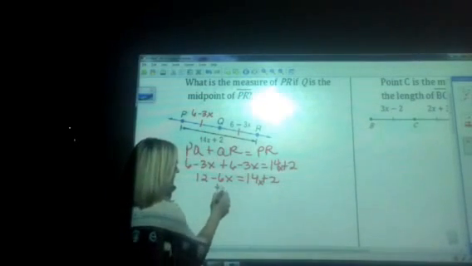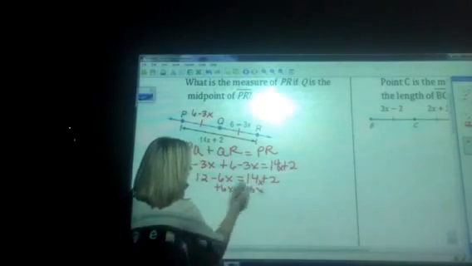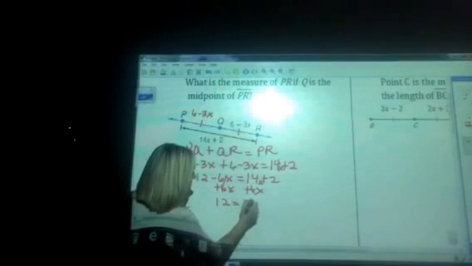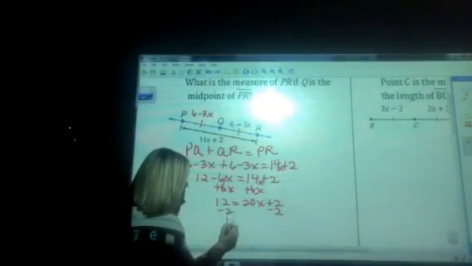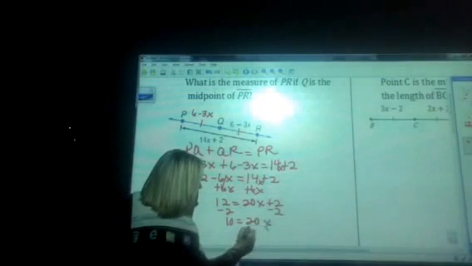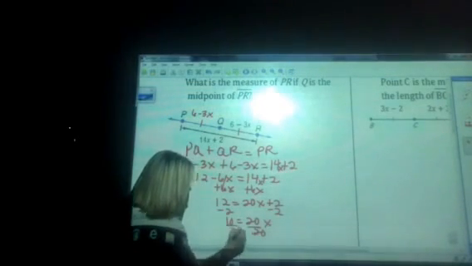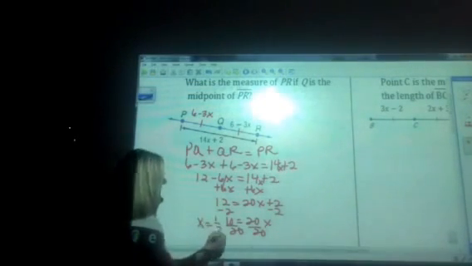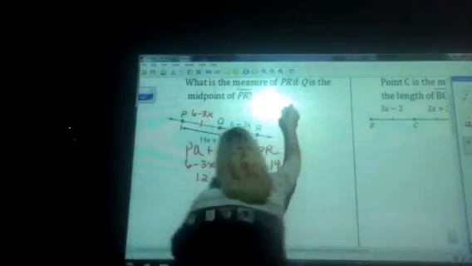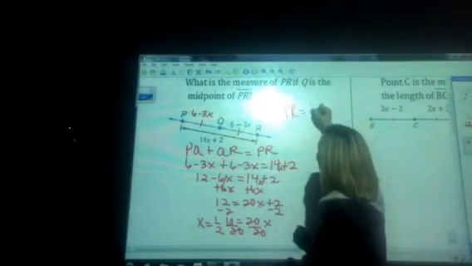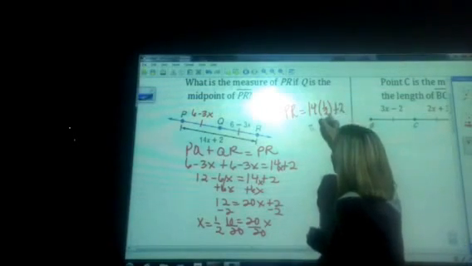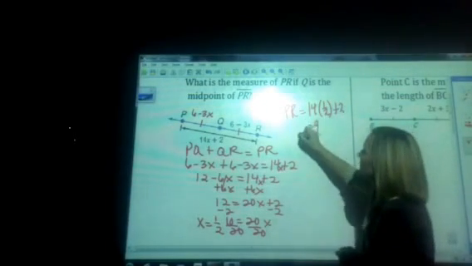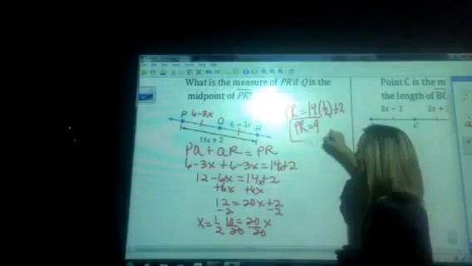All right, plus 6x, plus 6x, I get 12 is equal to 20x plus 2, minus 2, minus 2, 10 is equal to 20x, divide by 20, and x is equal to 1/2, okay? If I plug it into PR, since it's 1/2, that would be 14 times 1/2, which is 7, plus 2 is 9, okay? So PR is equal to 9.